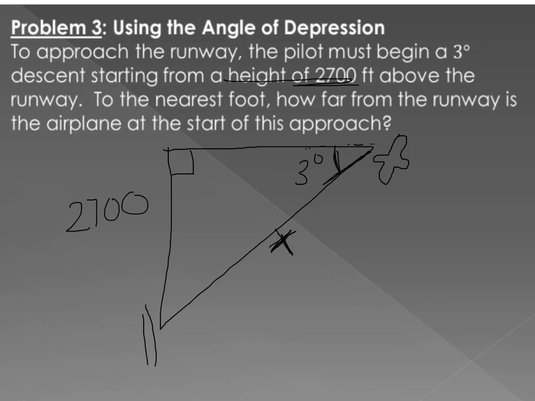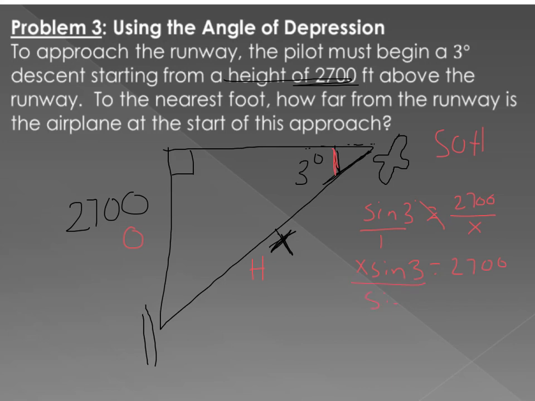So now that I have my picture, I can decide, is it SOH, CAH, or TOA? So here's my angle. I have my opposite, and I'm looking for hypotenuse. So O and H would be SOH. So it'd be sine of my angle is equal to my opposite over my hypotenuse. Once you have your proportion, then you cross multiply. So x times sine of 3 is equal to 2,700.